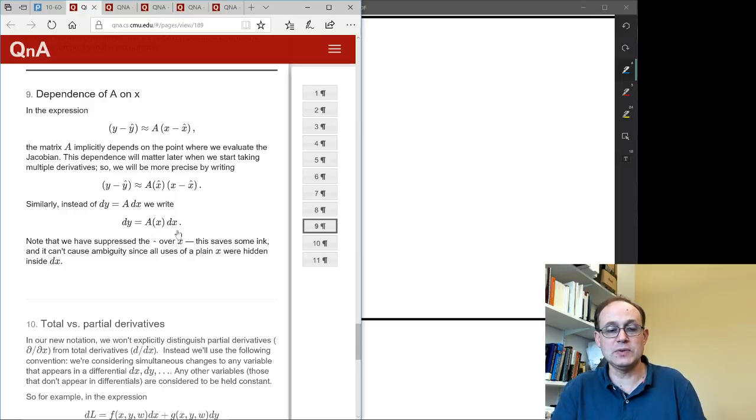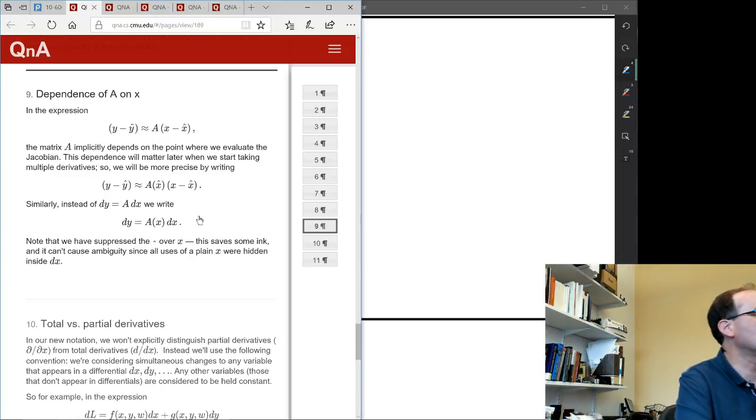So the difference between these two expressions is basically a change of variables, from x and x hat to x and dx. And as well, the fact that we've gotten this into the differential notation. So this is basically just a change of variables.